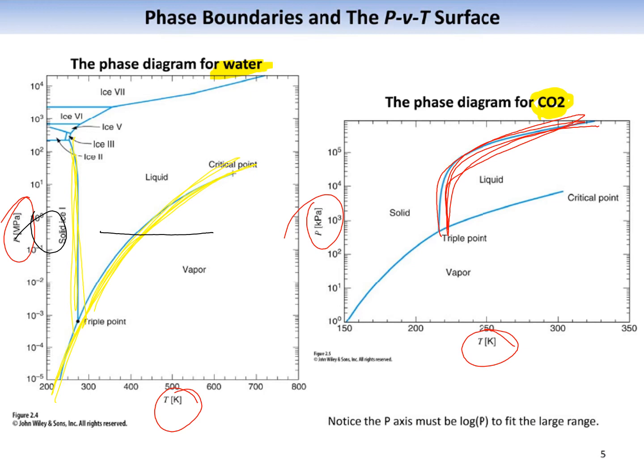Now, because of this variation in behavior of carbon dioxide compared with water, if we have a certain amount of carbon dioxide ice and temperature increases, it crosses this boundary and gets into this region, whereas the liquid region is over here. So it will directly go to the vapor phase.